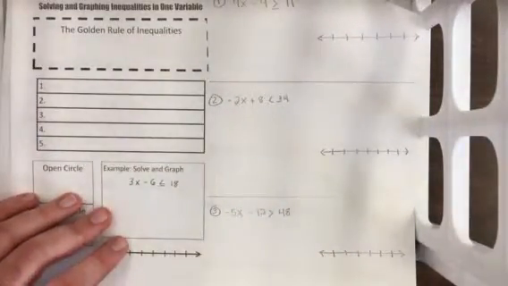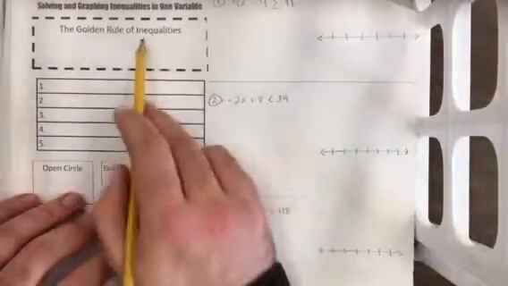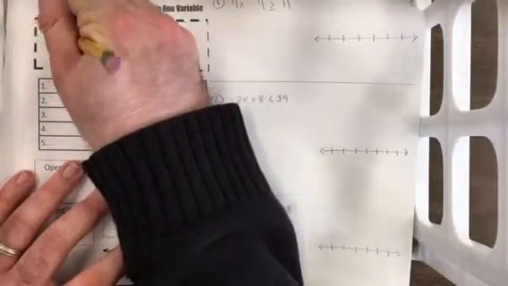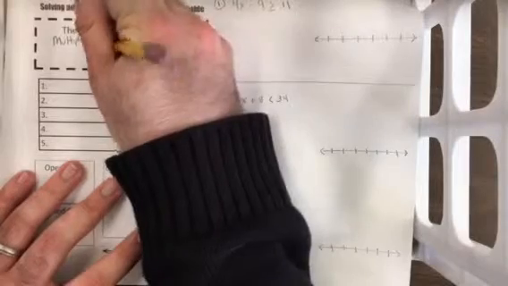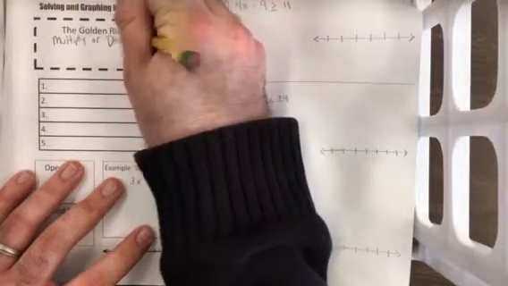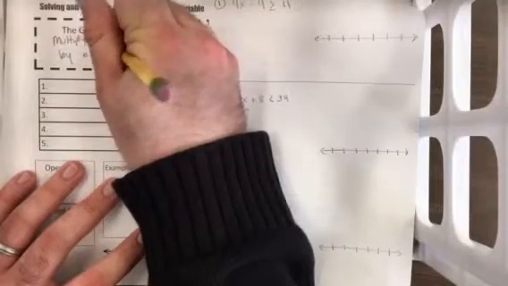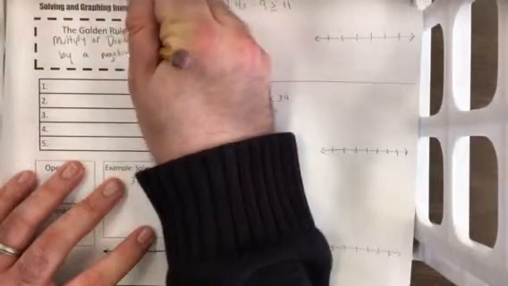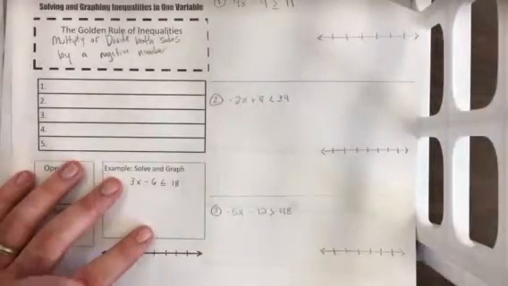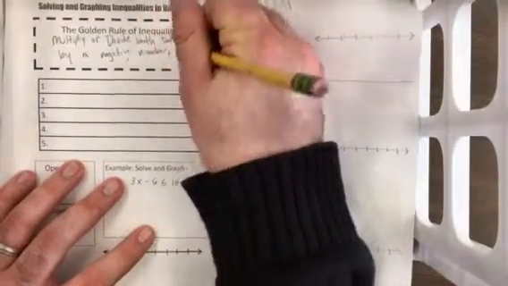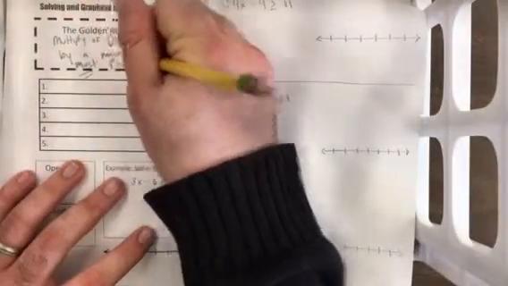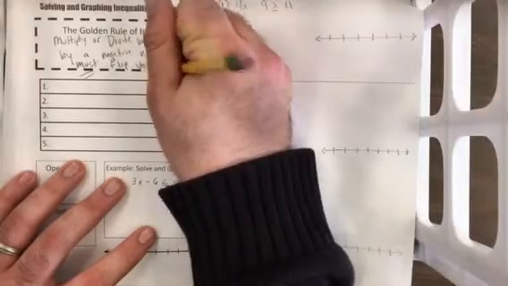When you are solving or graphing inequalities, there's the golden rule of inequalities, and that is when you multiply or divide both sides by a negative number, you must flip your sign.